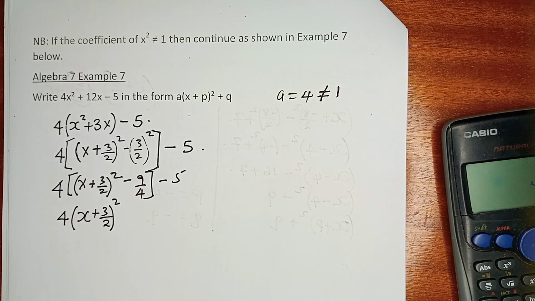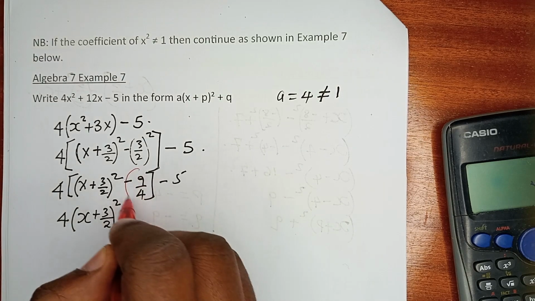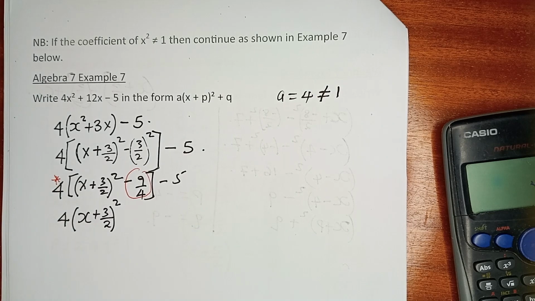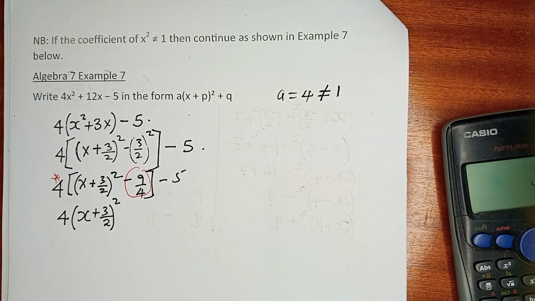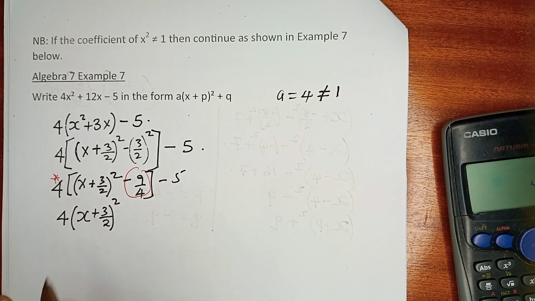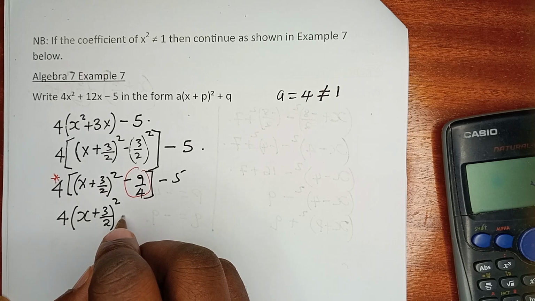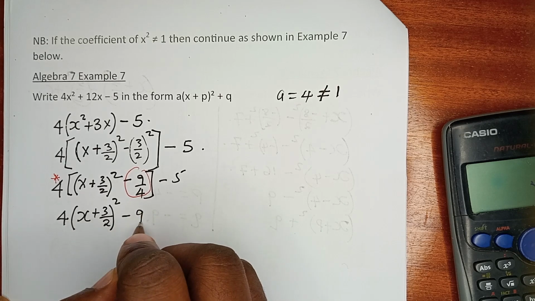But you realize that even this negative 9 over 4 is to be multiplied by 4 because it is within the bigger bracket. How do we go about that? So 4 times negative 9 over 4 is simply negative 9.